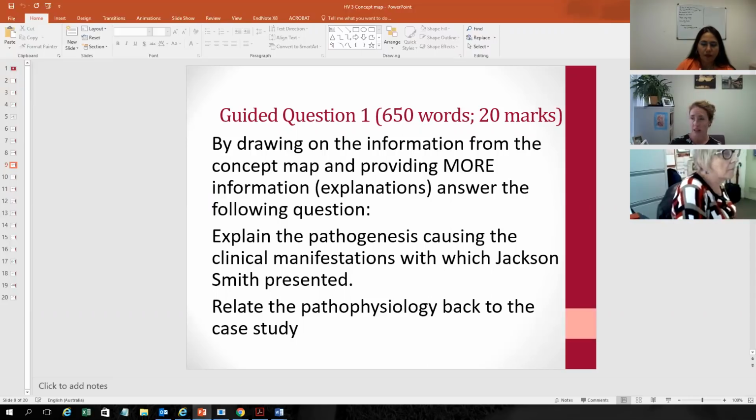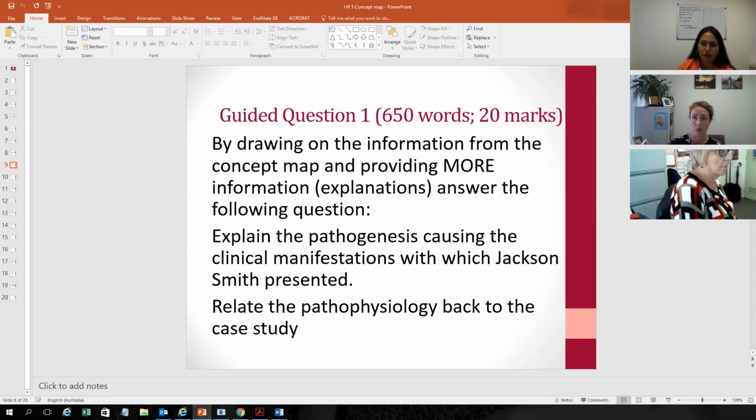So I said that pulse oximetry and arterial blood gas give you different information, but point to the same thing. You could start by explaining the pathophysiology. So you can go the other way around and say the inflammatory process, etc., is a response to, and you can fill in the blanks there, which has resulted in Jackson having the following signs and symptoms.